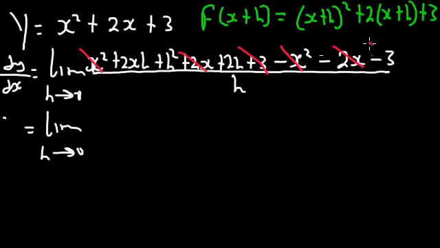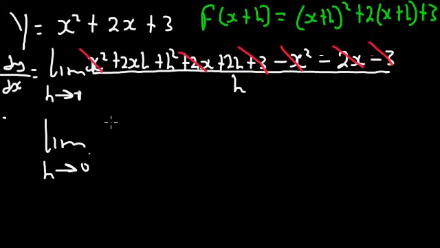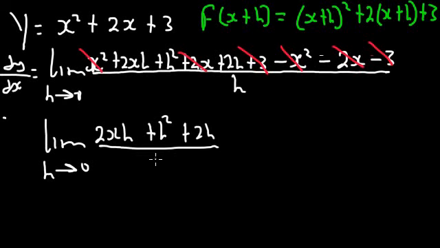Positive 3 cancels negative 3. Incredible. Now you notice that we are left over with the limit as h approaches 0 of 2xh plus h squared plus 2h, then all divided by h.